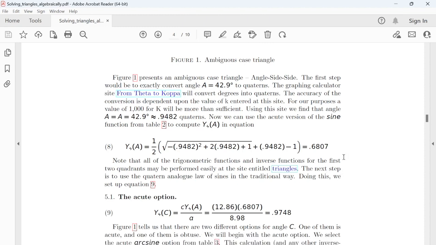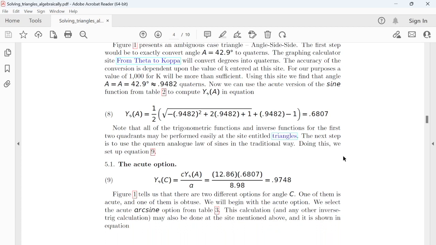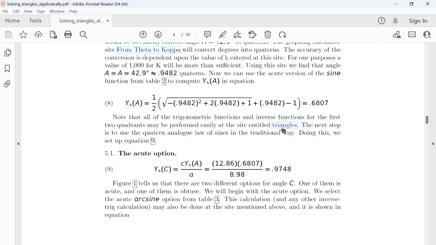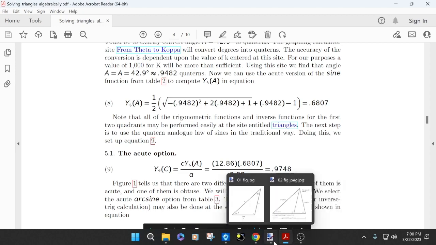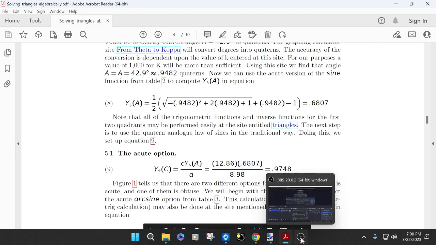Okay, and so then the next thing we want to do is use the law of sines, where we want to solve for the sine ratio of angle C. So let's take a look at that next.